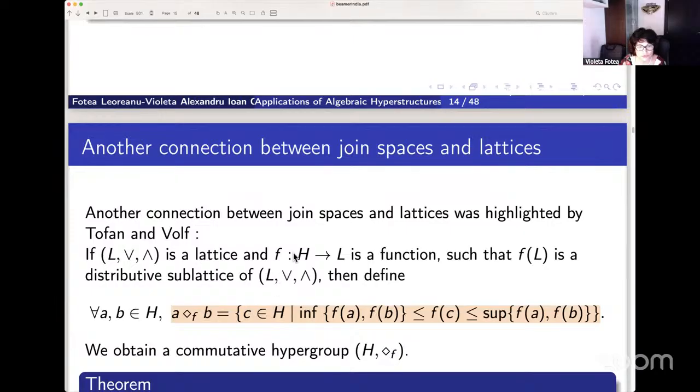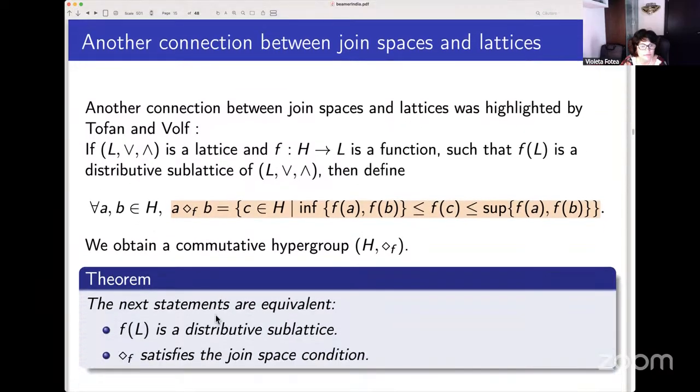So Corsini used, instead of F, a fuzzy set, so L is the closed interval [0, 1]. Here, instead of considering the closed interval [0, 1], we consider just a lattice. And infimum and supremum, we use these two notions in order to define the hyperoperation. And we can obtain a commutative hypergroup.